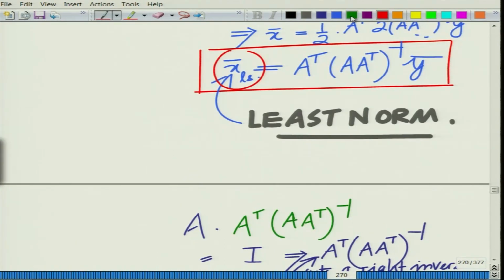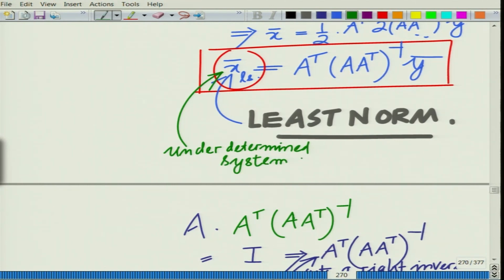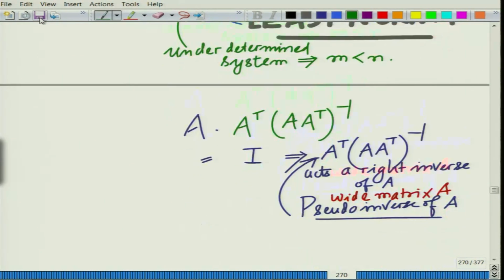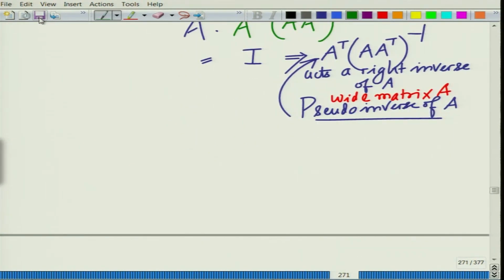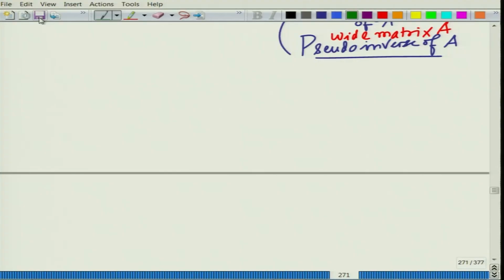So, it is also good to remember that this is for an underdetermined system, that is m less than n. Because once again remember that you have an infinite number of solutions and therefore you want to constrain the system. Okay. Let us look at a quick example.